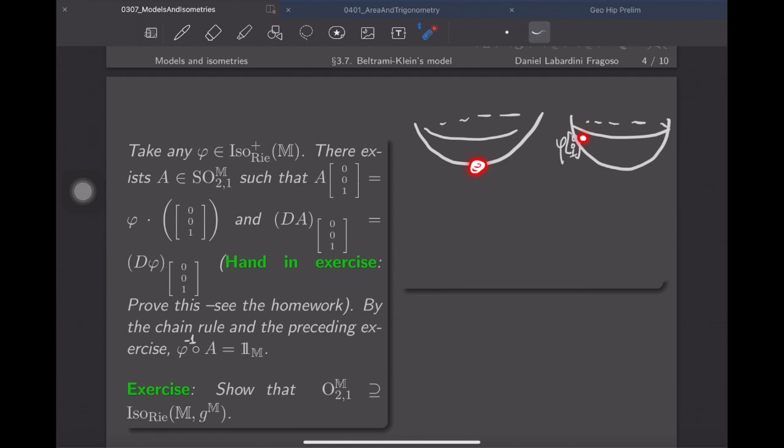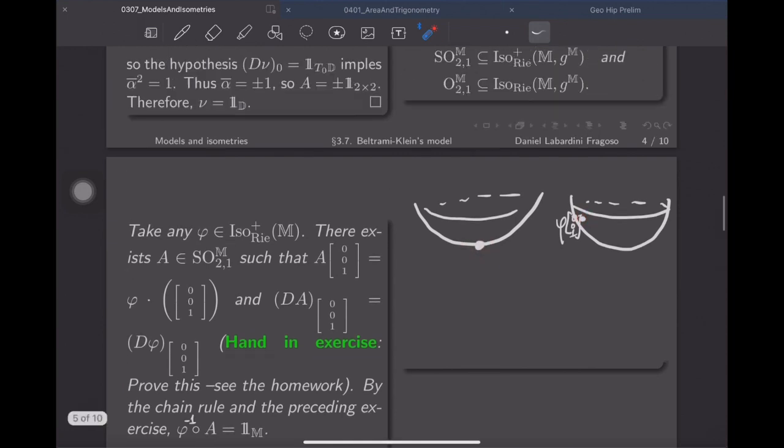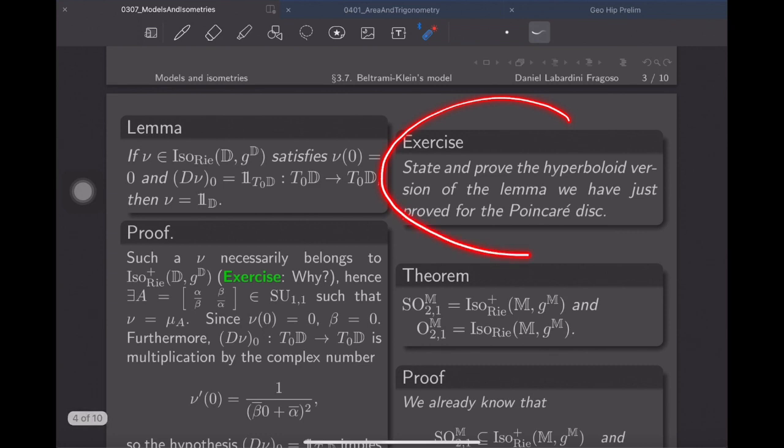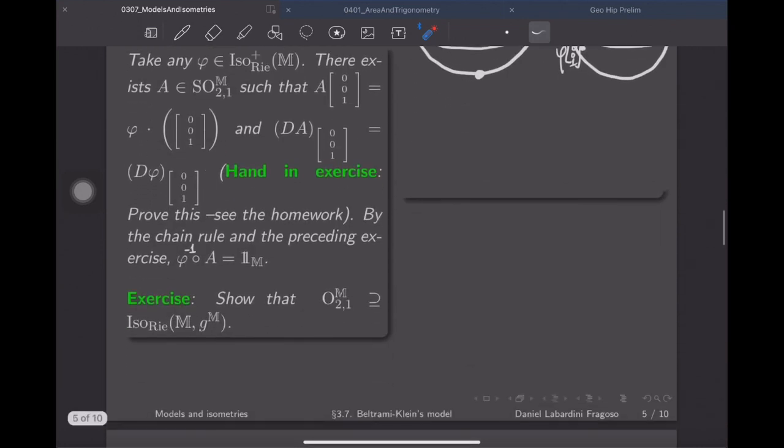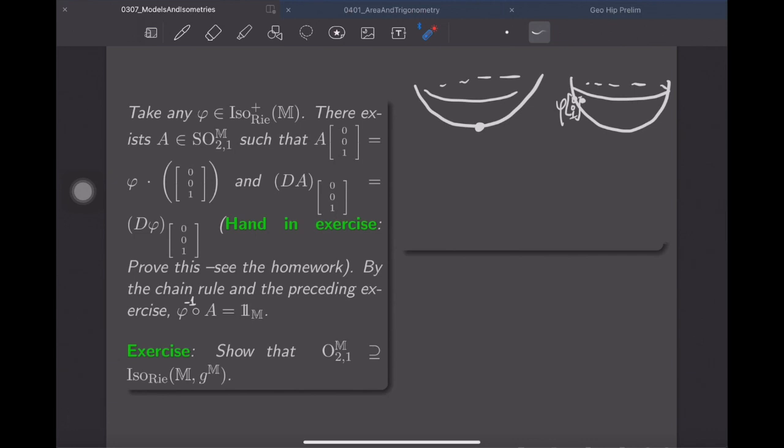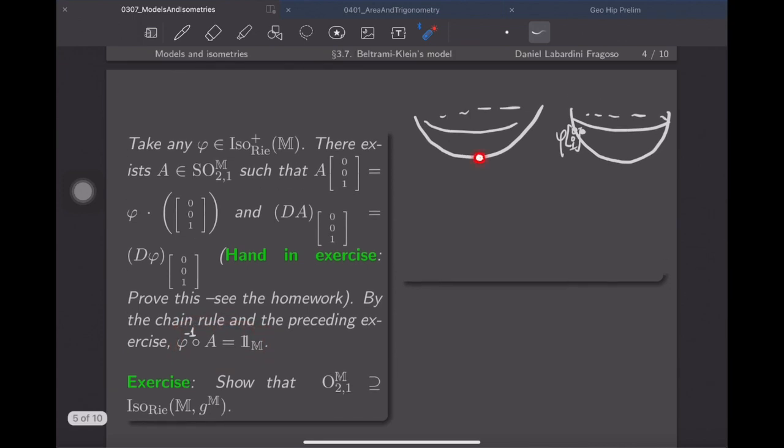So using the corresponding statement for the hyperboloid, I can deduce that the whole composition is the identity, and that's the jump. Now I can say the matrix that did the job for this point does the job everywhere.